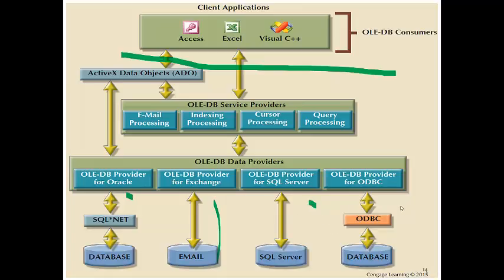We may have a direct ODBC to Microsoft Access. And so what these providers are doing is this layer is given these abilities that you would expect to have in any application, things like cursor processing, writing a query. I mean, you need to be able to bring a result of a query into your program and step through it one at a time.